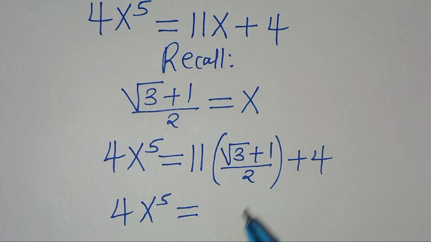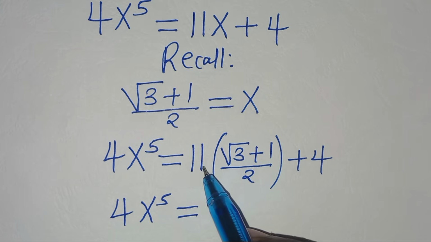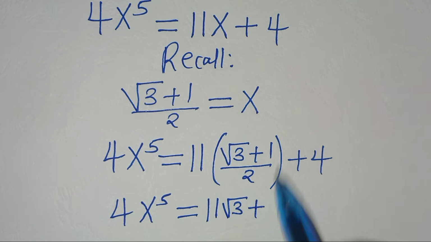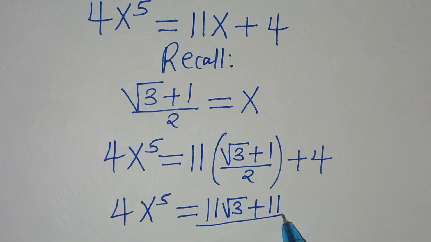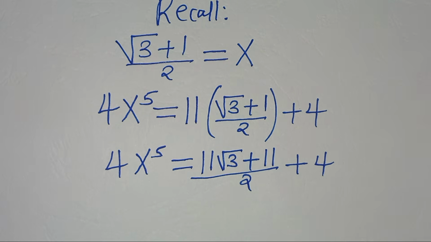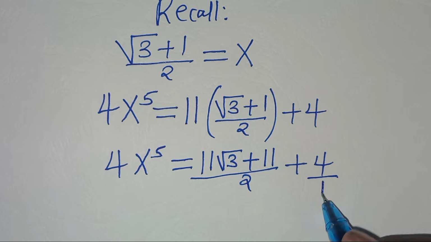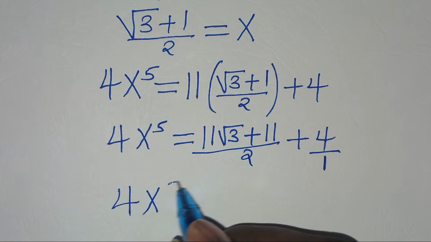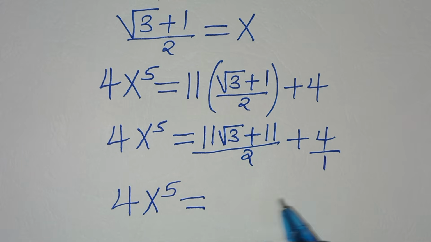Now we have 4x^5 equal to, let's open the parentheses here, 11 times root 3, this is 11 root 3, then plus 11 times 1, this is 11 over 2, then plus 4. 4 is a whole number, so this is over 1. So 4x^5 is equal to, the LCM here is 2.